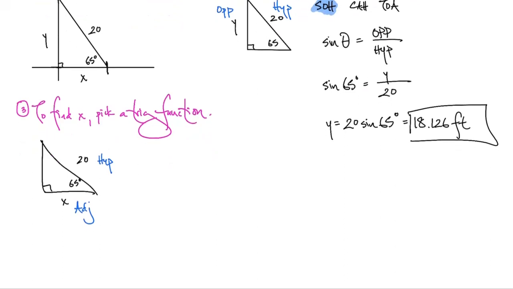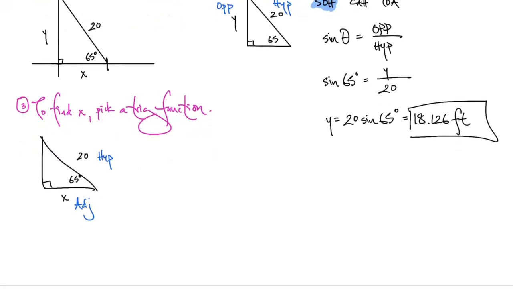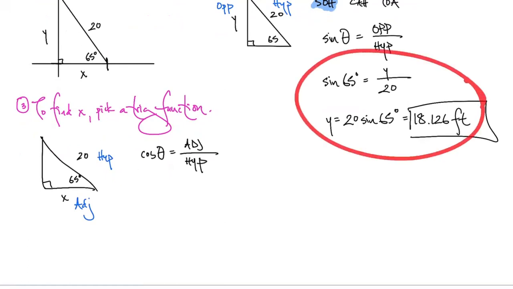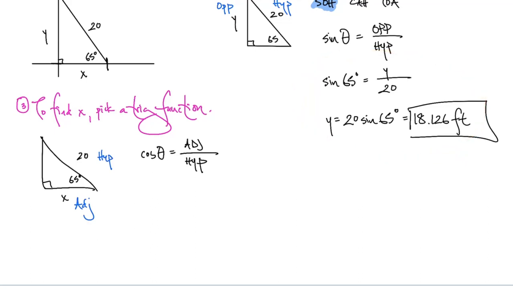Which trig function would we pick if we wanted to use this strategy? Yeah, we would choose cosine, right? We would say cosine theta equals adjacent over hypotenuse. We would fill in our numbers just like we did here, and we would wait until the very end to turn things into a decimal.